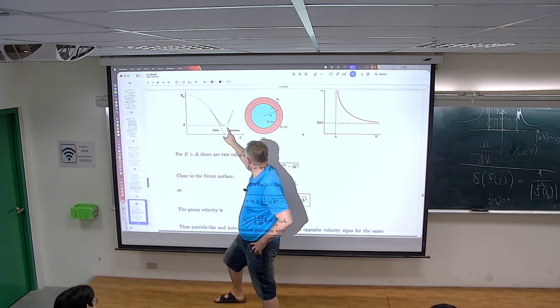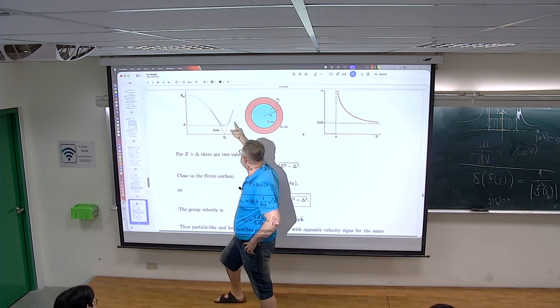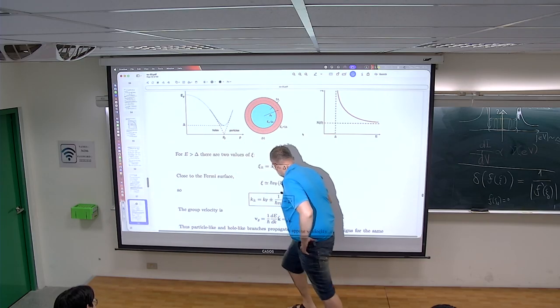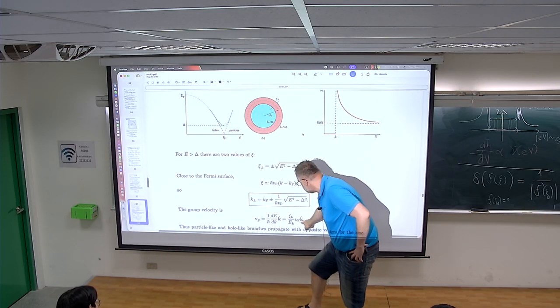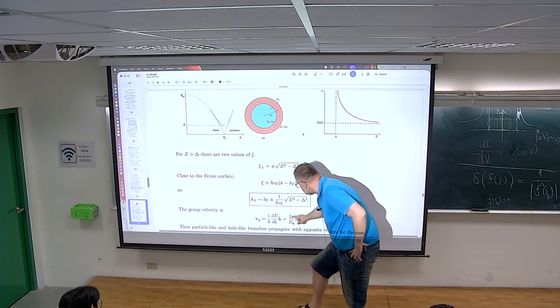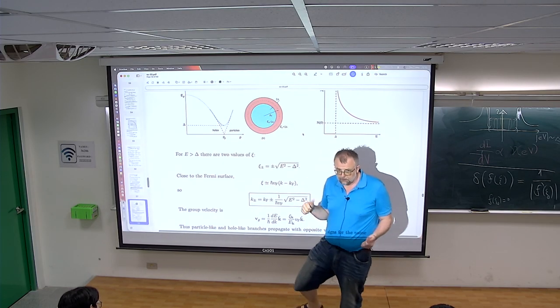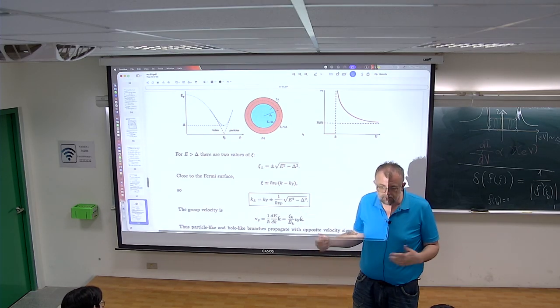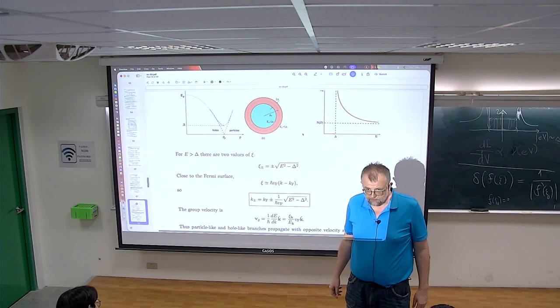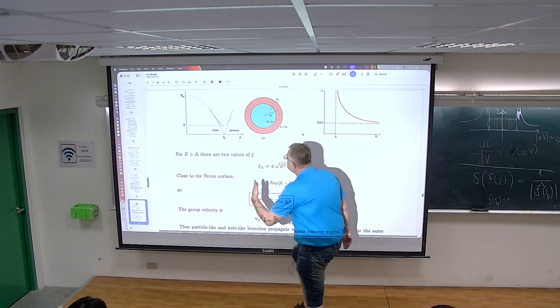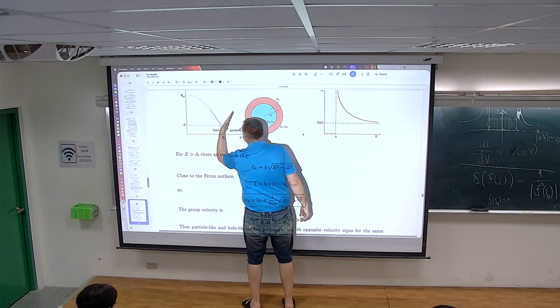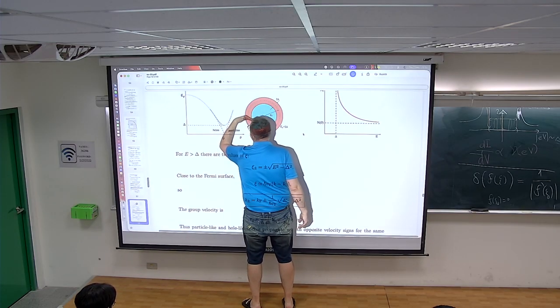If K is larger than the Fermi momentum, then it's moving along the vector K. So you clearly see that there is this factor plus or minus, and it's whether it's moving along the K or anti-parallel to the K. Then one is a hole and the other is the electron. You clearly see this also from the dispersion, right? The gradient here is in this direction, so the group velocity is here.